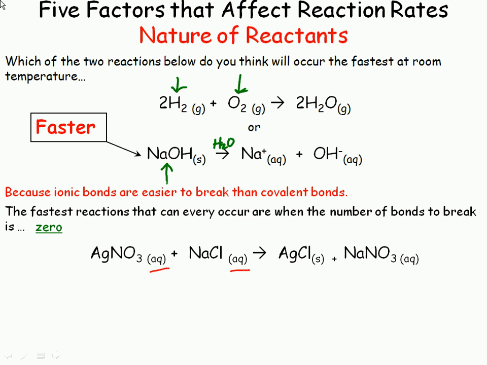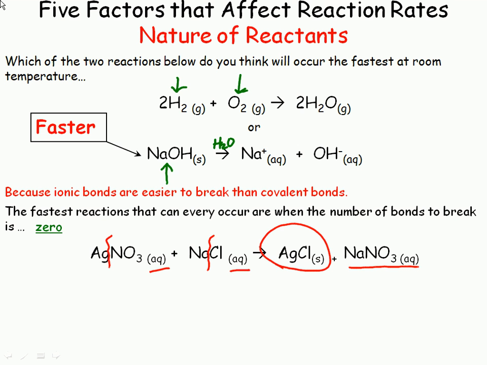Now these aqueous symbols mean that these substances are already mixed in water, so the bonds between the silver and the nitrate and the sodium and the chloride ions are already broken apart. These are free floating ions moving around in the solution, and it forms into this solid silver chloride substance that's going to precipitate out, and then these sodium and nitrate ions are just going to be freely floating around.